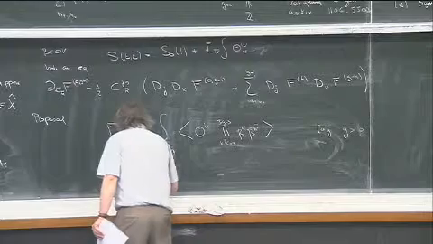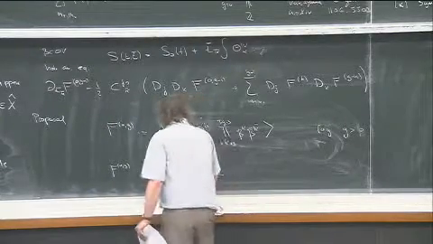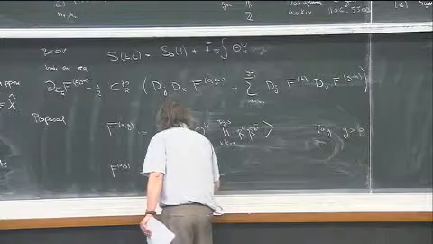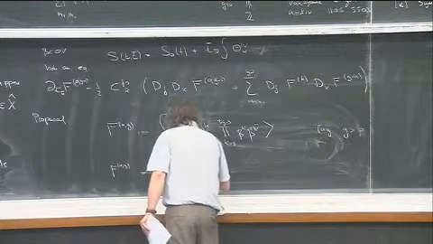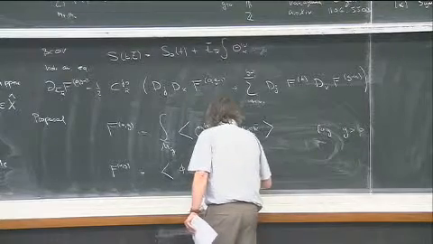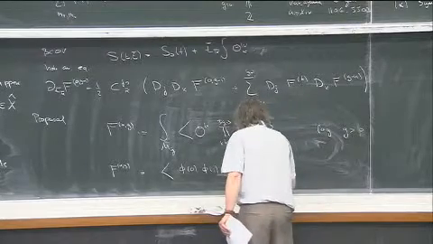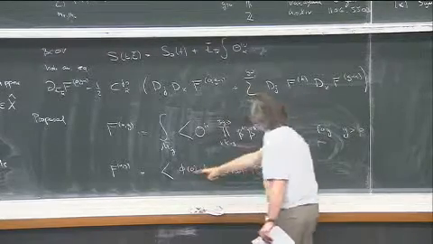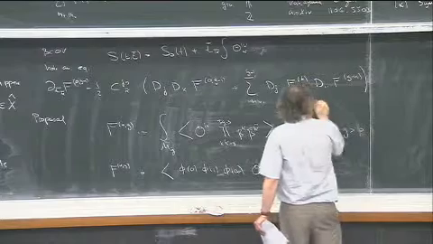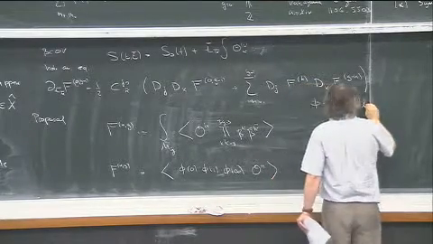We just assume that this is the correlation function. This has no moduli space, so it's the correlation function of phi 0, phi 1, phi infinity, where the relation between phi and O is by this descent equation.